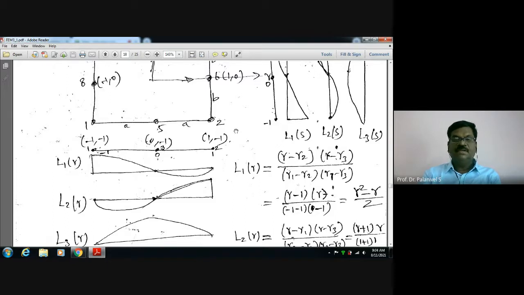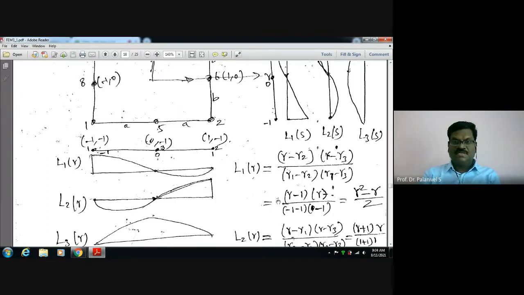And then you have to write the shape function for this line element, the R and S direction. Already we have seen for the one-dimensional line element, the shape function is nothing but the Lagrangian polynomial.